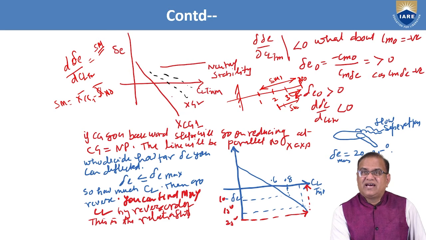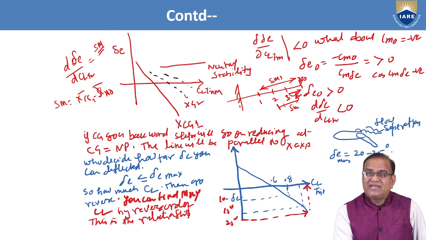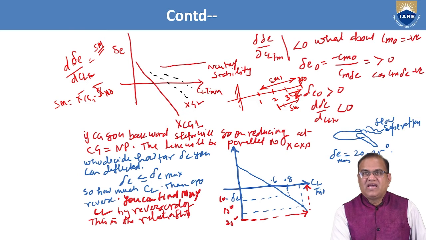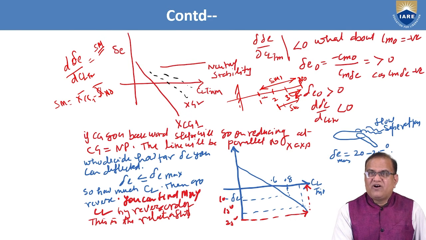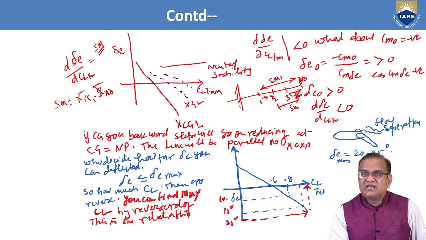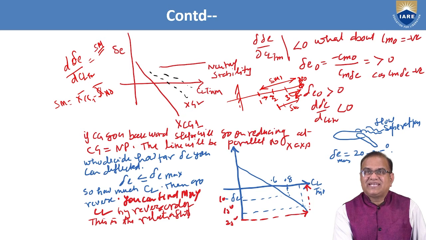So if you see here, in the first case, when the CG is away from the neutral point, you will have more slope of the delta E versus CL trim. As the CG is moving backward, at 2 you will get this point, at 3 you will get here, and when you reach the top of this, you will get a straight line.